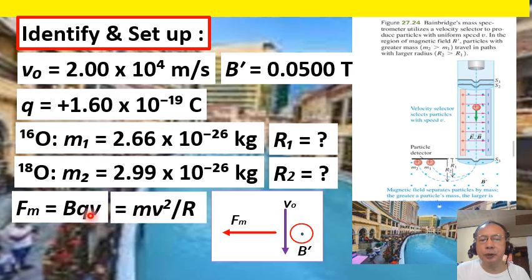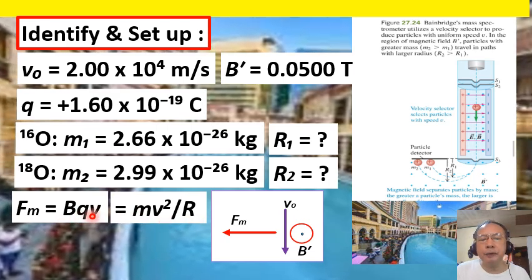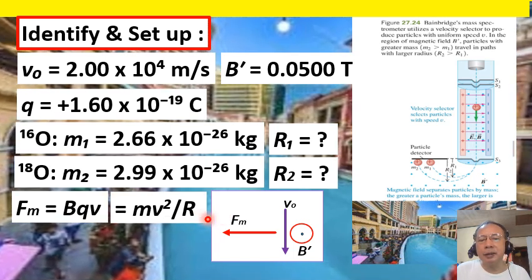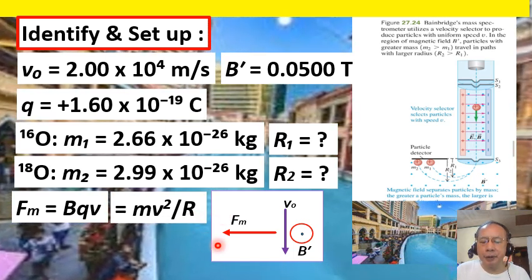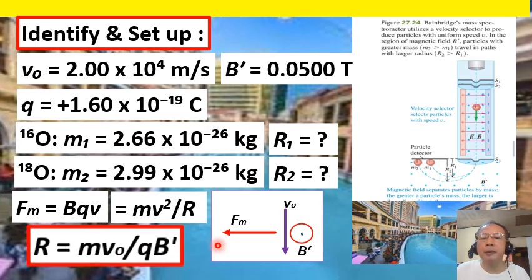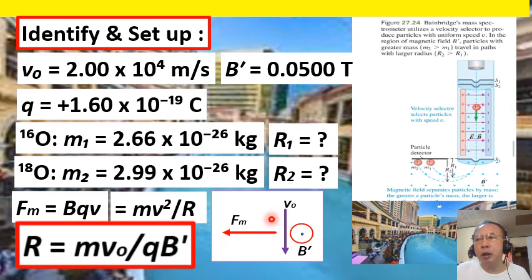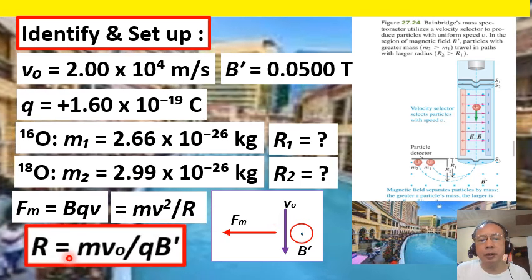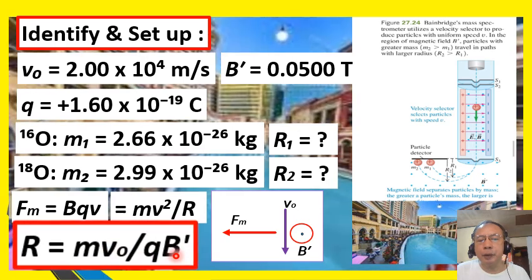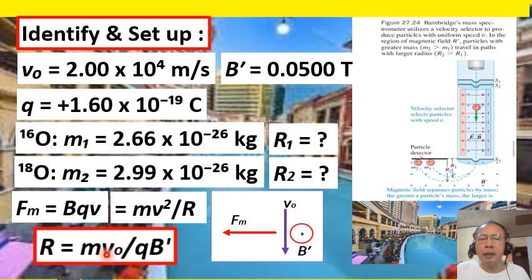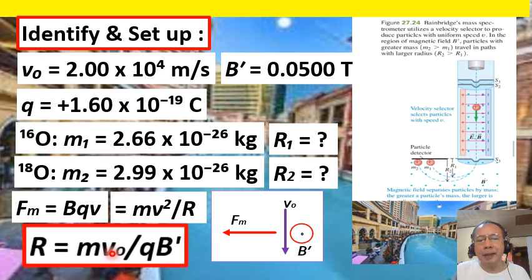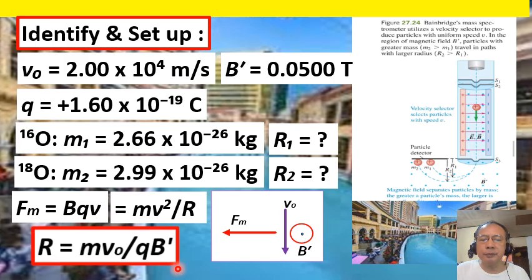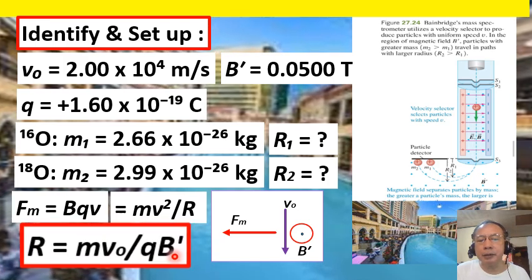So equating the product of BQV to mv squared over r, we can easily isolate the big R and come up with the working formula for determining the radius of the semicircular path of each ion. And that is big R equals mv over qB prime, or the mass of the ion times the magnitude of its velocity v, divided by the product of the charge of the ion and the magnetic field B prime.